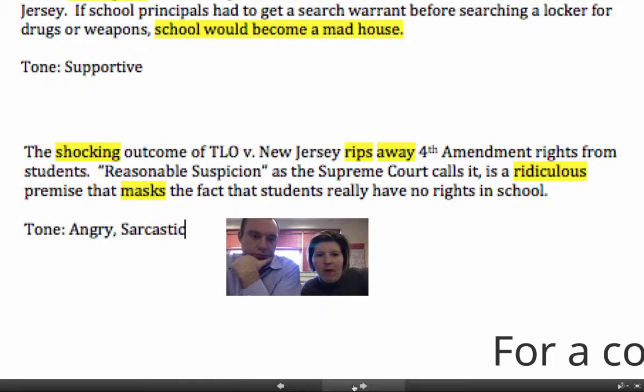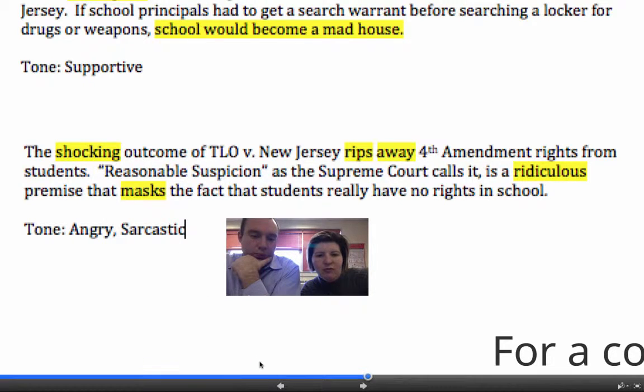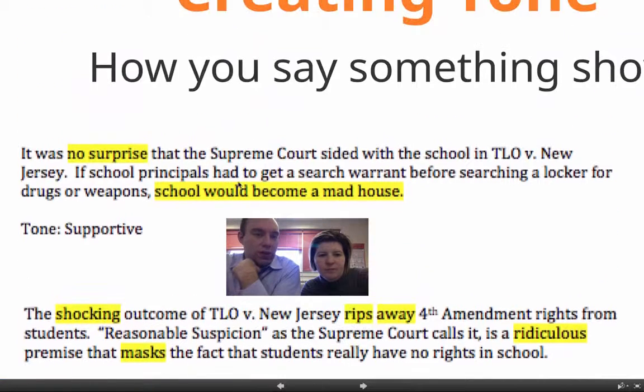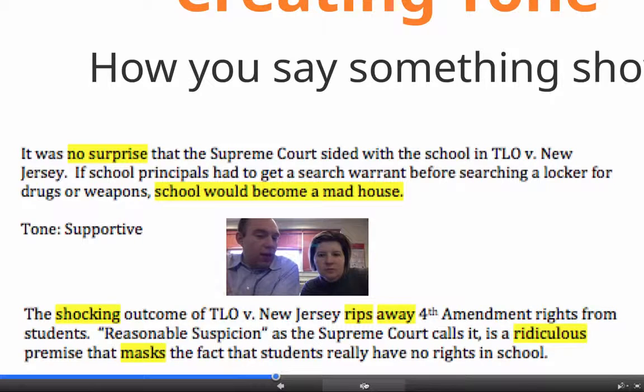Makes you feel that, oh wow, kids shouldn't be searched just on reasonable suspicion. Probable cause should be necessary even in schools. This is very different tone, same topic, but look at how the tone is different. So shocking, rips, ridiculous, those word choices versus no surprise and schools would become a madhouse. Choosing what you say and how you say it shows the tone.